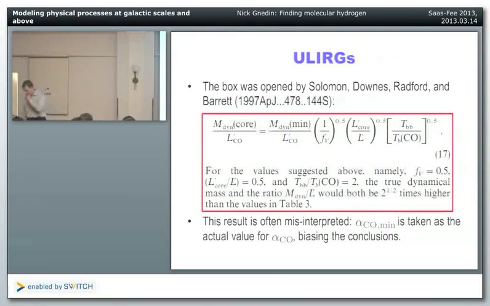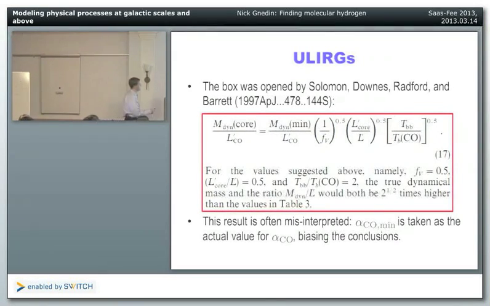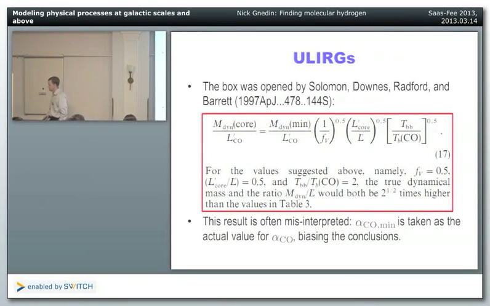So this whole story about ultraluminous galaxies and dust-gas coupling was actually started by Solomon, Downes and collaborators in '97. They opened that Pandora's squared box. By looking at Arp 220, Arp, what is this galaxy? Whatever, 220. One of the nearby mergers, right, with ultraluminous infrared galaxies.